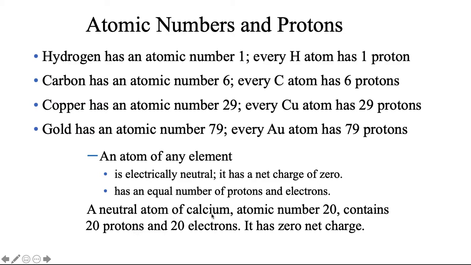So a neutral atom of calcium, which has an atomic number of 20, contains 20 protons and 20 electrons. It has a 0 net charge because plus 20 minus 20 gives me a 0. Very important thing to remember: an atom of an element is electrically neutral. This doesn't include, as I said, ions, but we're talking about atoms right now, not ions. Atoms are electrically neutral, and therefore the protons are equal to their electrons.